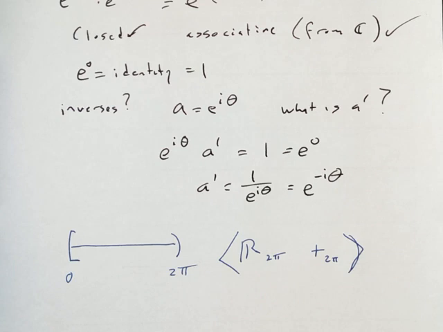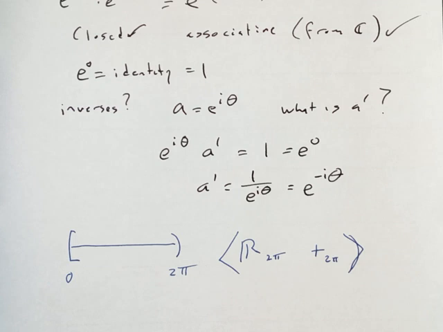This is isomorphic to U, because points on U, when we multiply, we add the angles. And all I'm doing is adding two numbers between 0 and 2 pi, and then going mod 2 pi to get an angle again, right? That's what I do when I add angles on my circle.